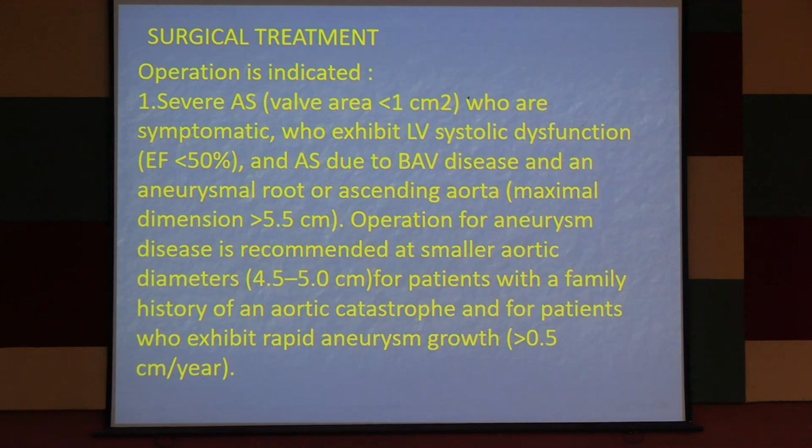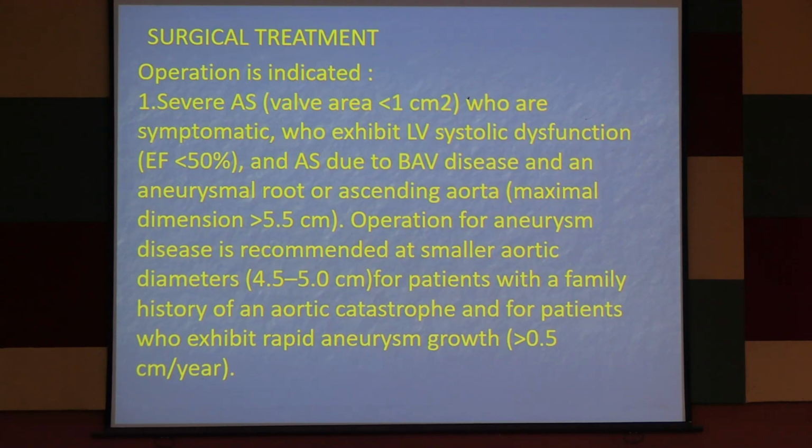Third, aortic stenosis due to bicuspid aortic valve. Fourth, an aneurysmal root or ascending aorta. Aneurysmal root or ascending aorta maximal dimension or diameter is 5.5 centimeter or more.